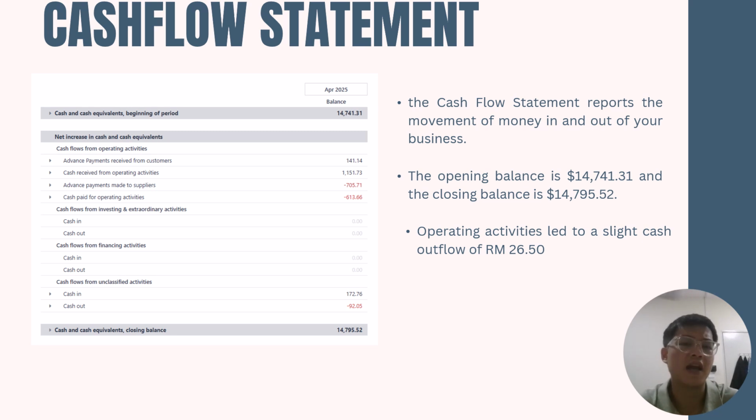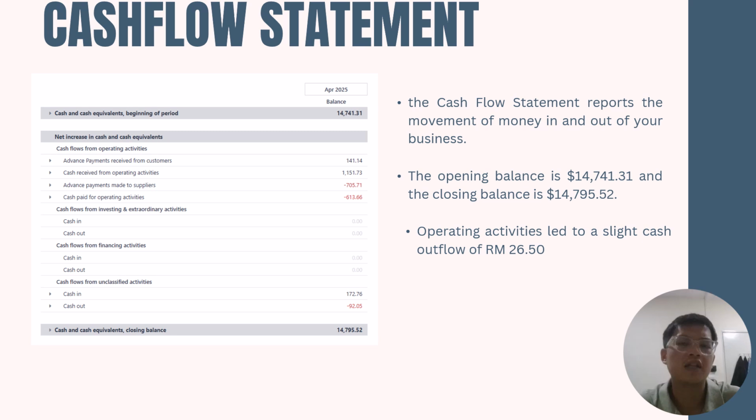Under classified activities, there was a cash inflow of about 172 and 76 cents and an outflow of 92 and 5 cents.